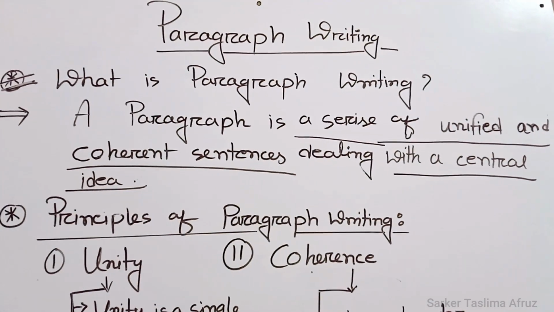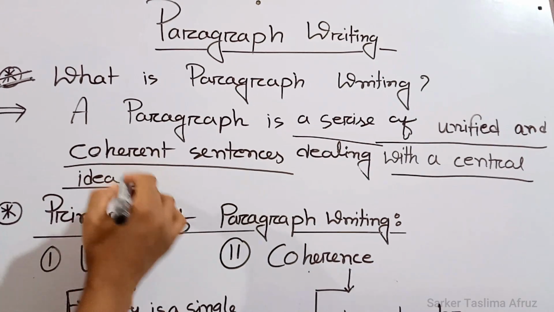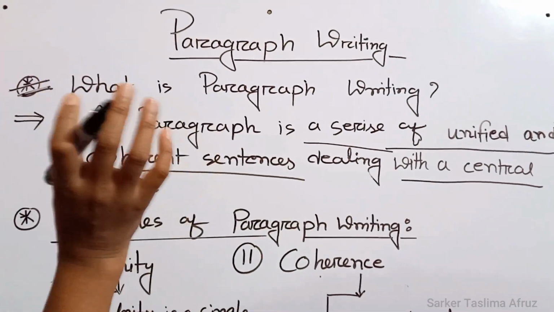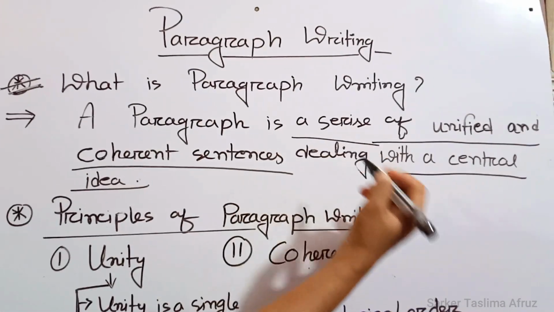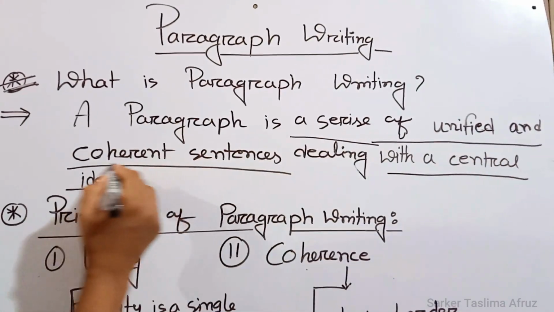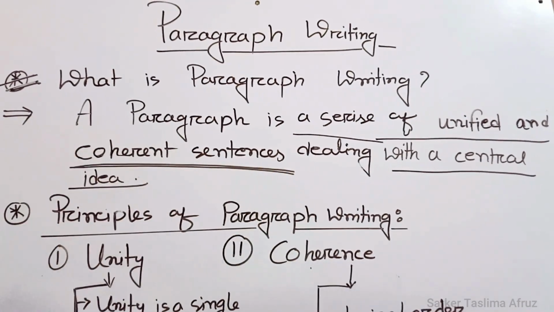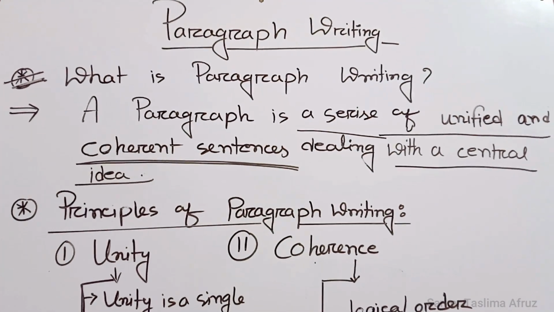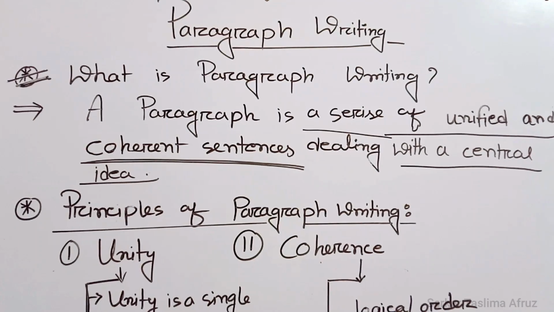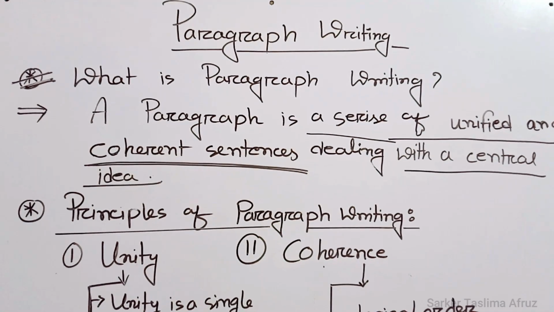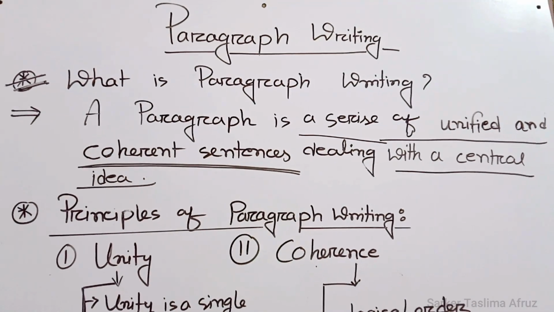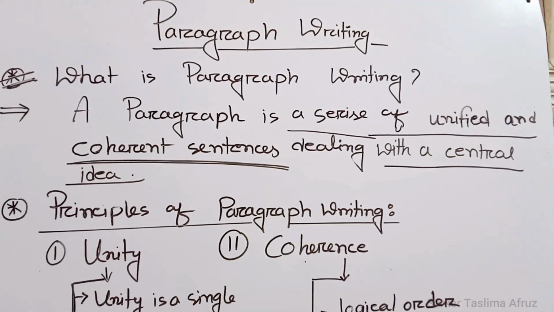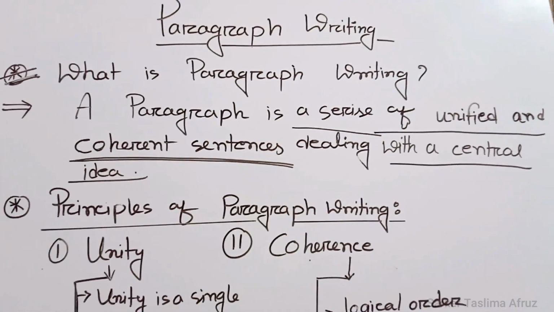You can see the most important thing here: you have to write an idea, and in this case you have to be very careful about unified and coherent sentences. As I said earlier, it's a way where you will be able to show your expertise.